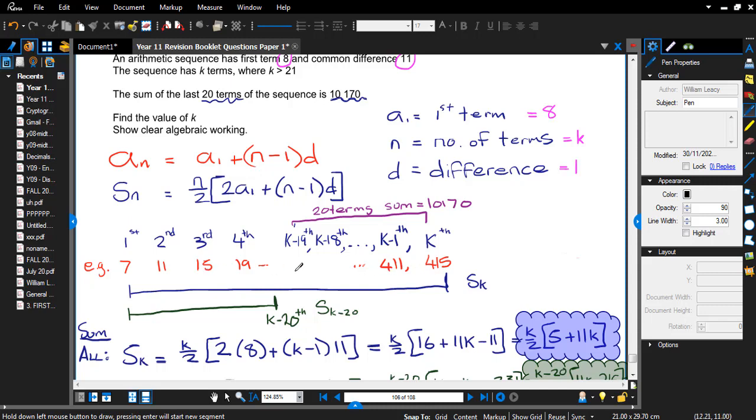Yeah, we add them all up, and then we said, well, if we got the first k minus 20 terms and took that away from the sum of all the terms, that would give us an expression for the sum of the last 20 terms. And we know what they equal. So if we've got that expression and put it equal to 10170, we could find out what k is. Okay, again, just practice and this will make sense.